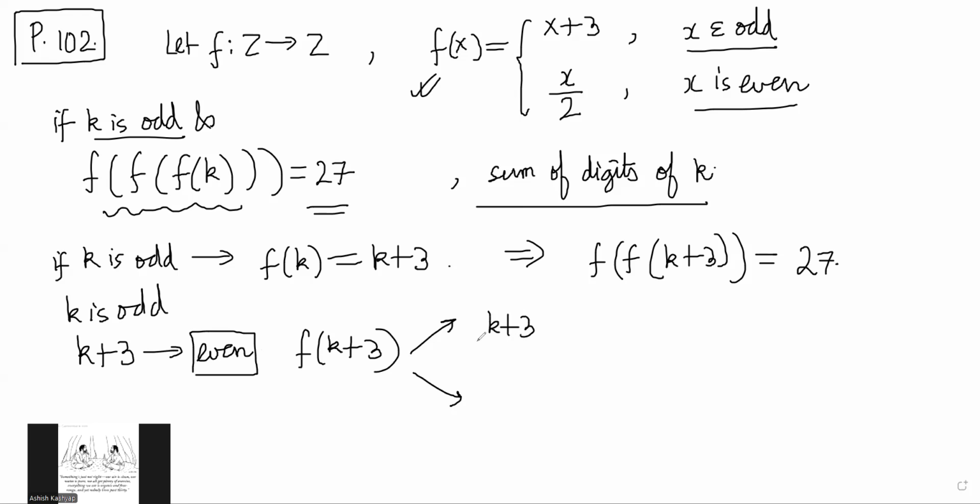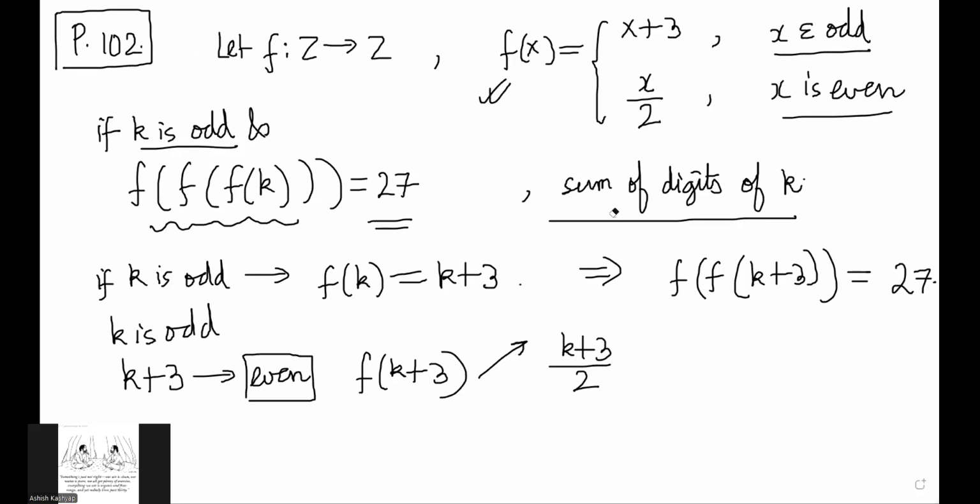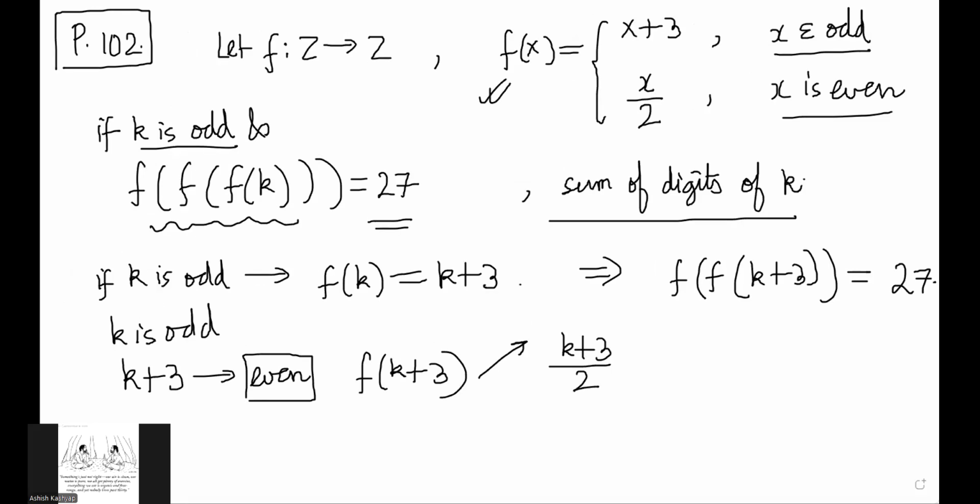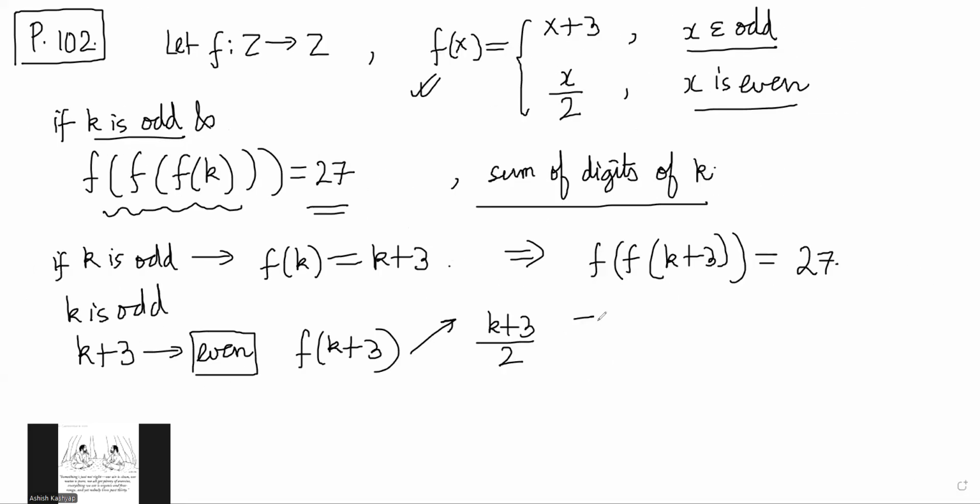Actually, it doesn't have two possibilities, it has a single possibility because k plus 3 is even. So f of k plus 3 is simply k plus 3 by 2, right? And therefore, our given condition becomes f of k plus 3 by 2 is equal to 27.